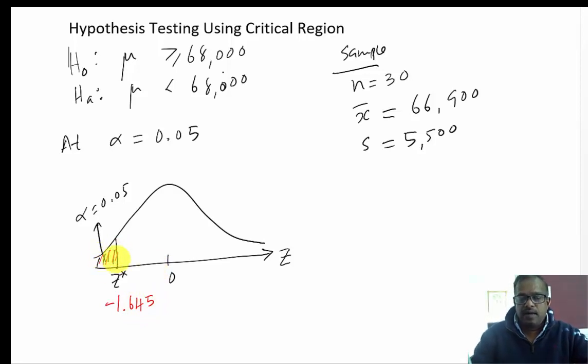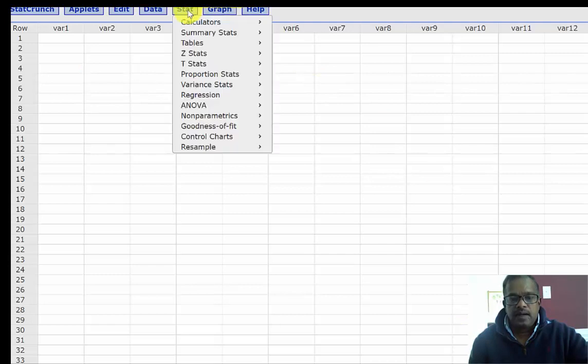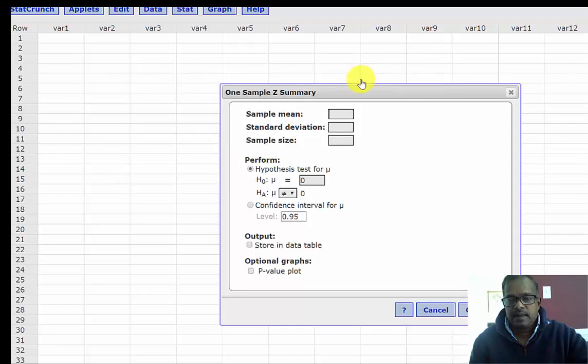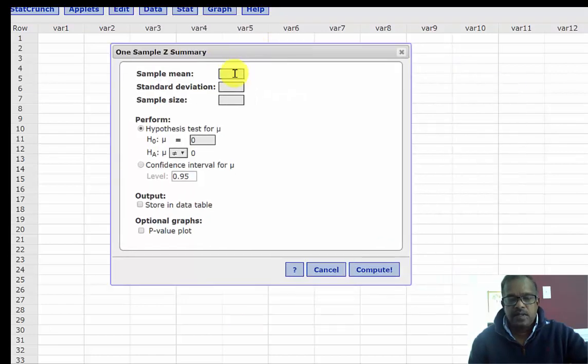Now we need to find this test statistics value. So we do the same thing as we did for hypothesis testing, and then we can find that value out of it. So you go to Stat, Z-stat, one sample with summary, and we do the hypothesis testing here.